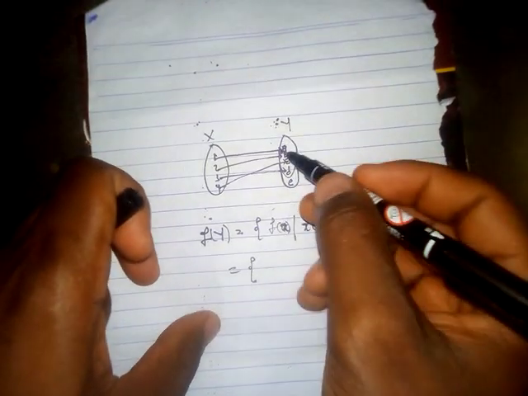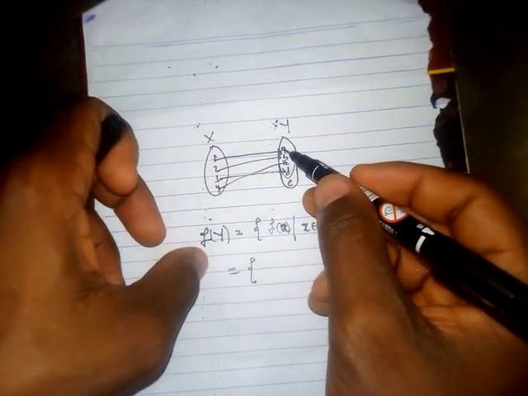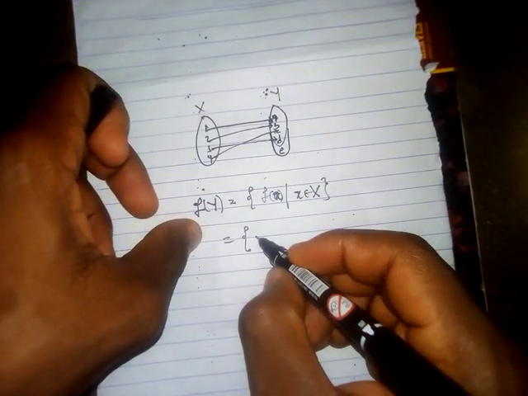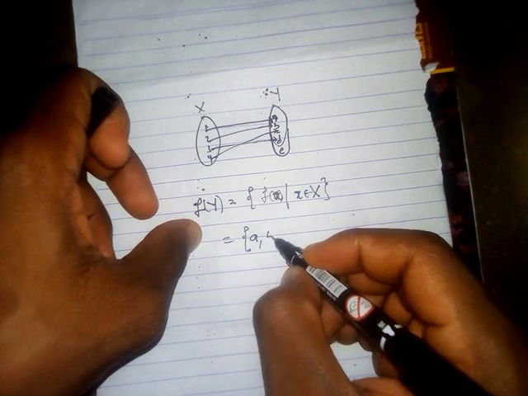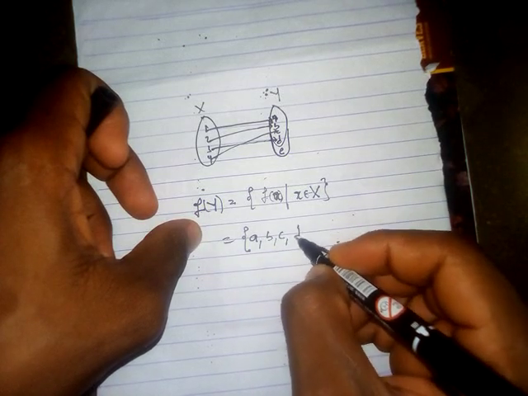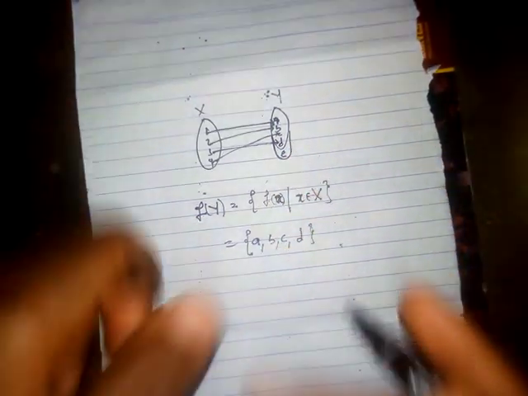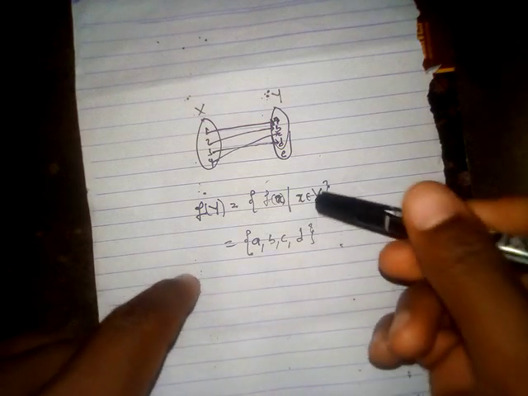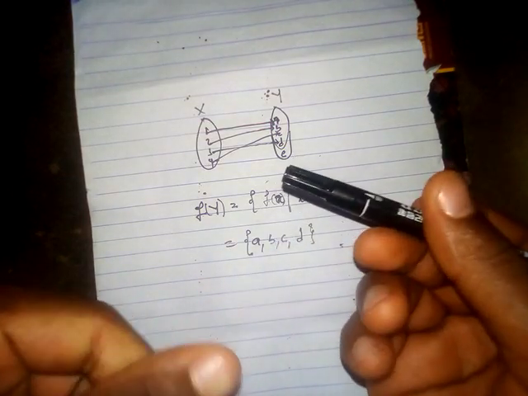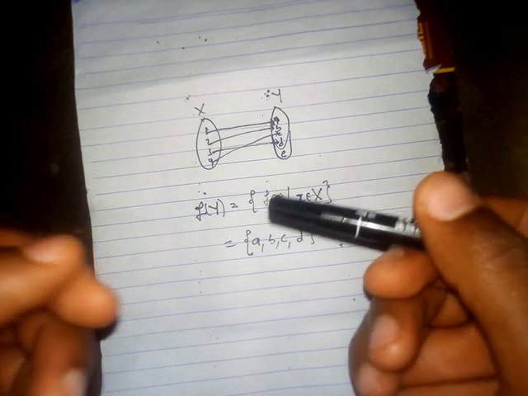Now what is the range? 1 is mapped to a, so a is an element. I can take a, b, c, and d. So this is the range actually. The range are those outputs given the inputs.